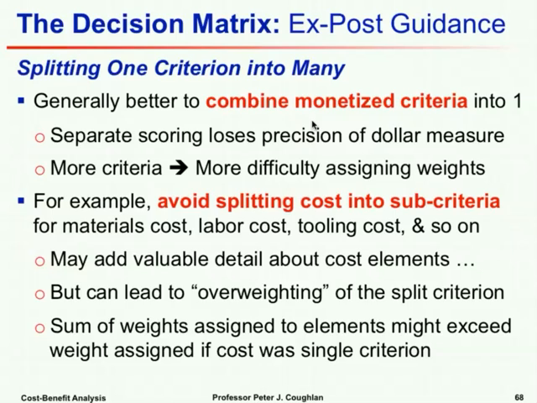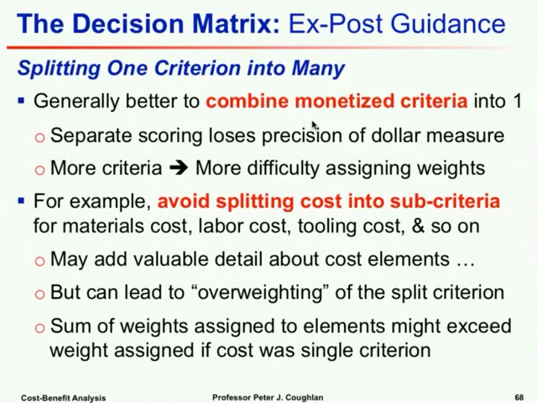Because if you do separate scoring of those, you're going to lose all the precision that you have in the dollar values. If you just do a score for the financial benefit and a score for the financial cost, you're going to lose important distinctions there. So it's better to combine those monetized criteria into one.